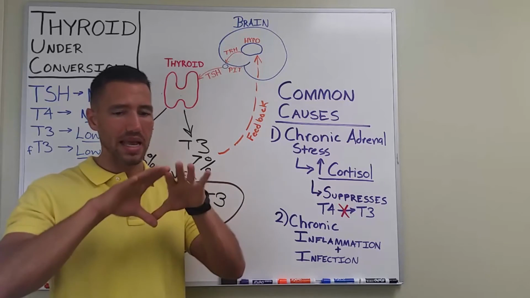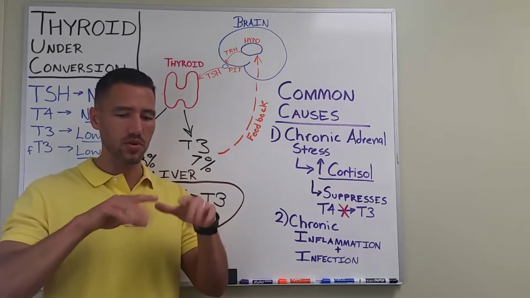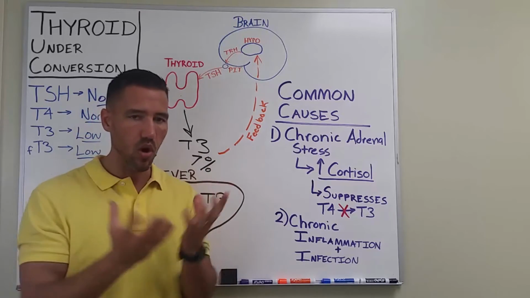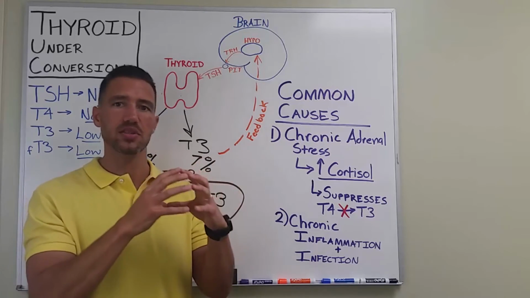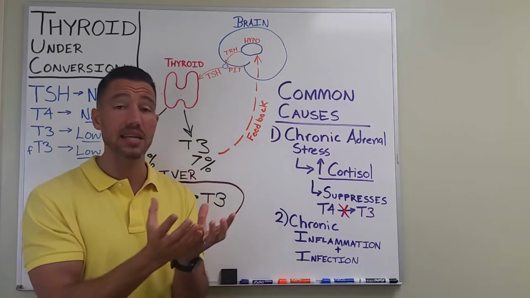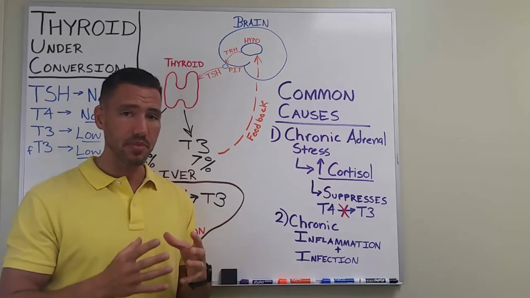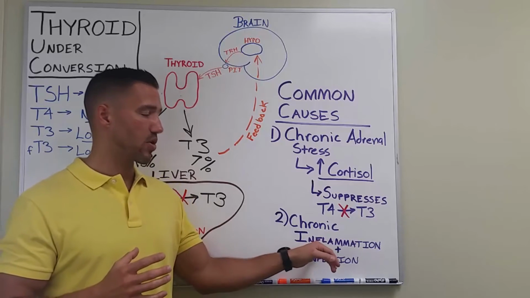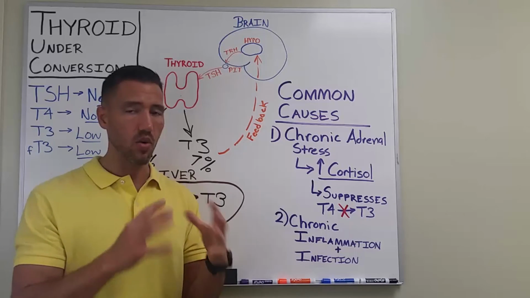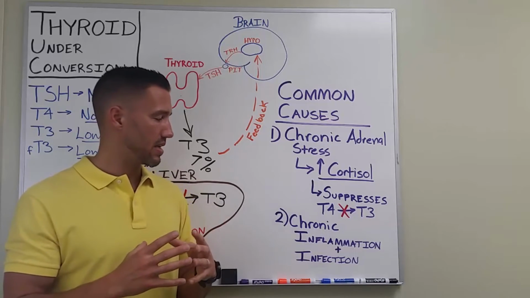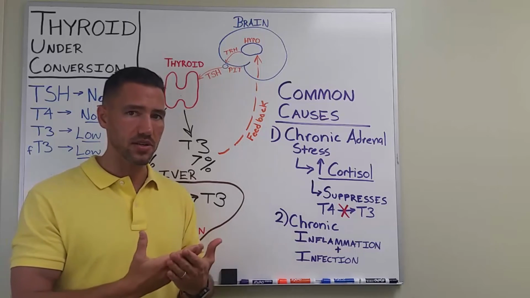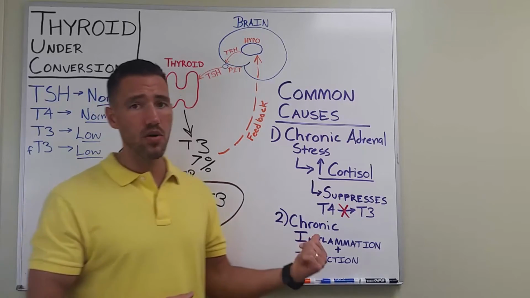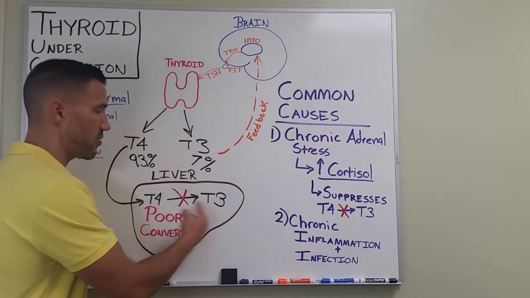So every cell in your body has, like if you remember from school, a cell wall. If you look at it in 3 dimensions, the cell's like a bubble, right? So the entire outside is a wall, and that is made of lipids or fats. And so what happens with chronic inflammation is that it damages the cell wall, damages the lipids, and it causes a lot of problems with cellular communication that can also affect conversion of T4 to T3.